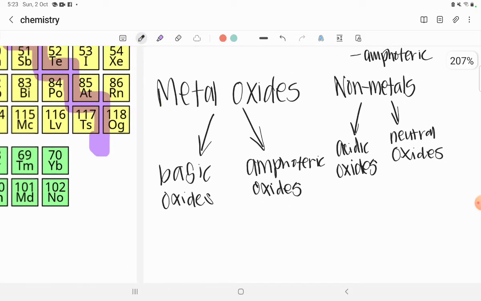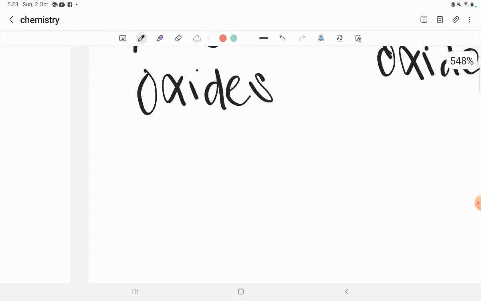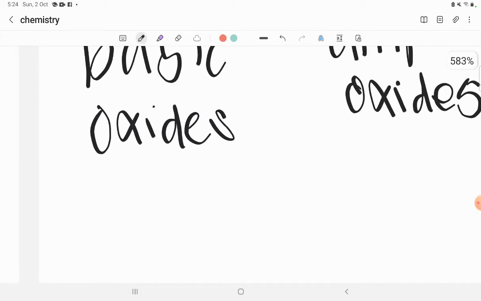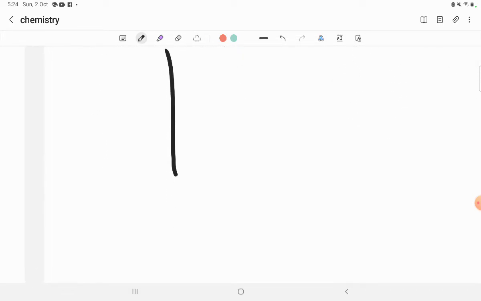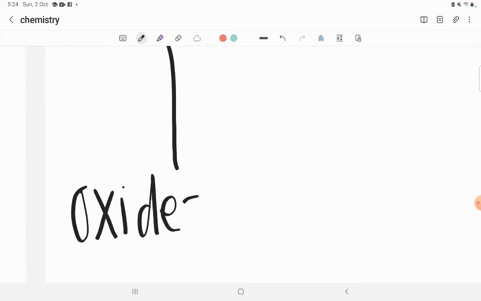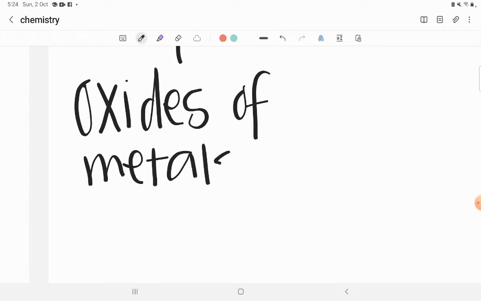Okay, so now we have broken them into smaller pieces. Let's focus on one piece by one. So basic oxides. Basic oxides are basically oxides of metals. Regardless, it doesn't matter what metals they are.